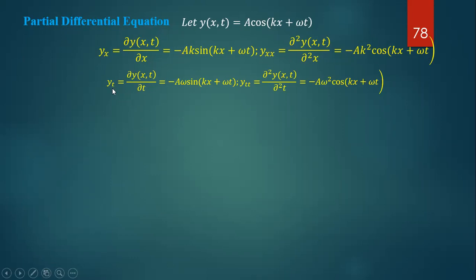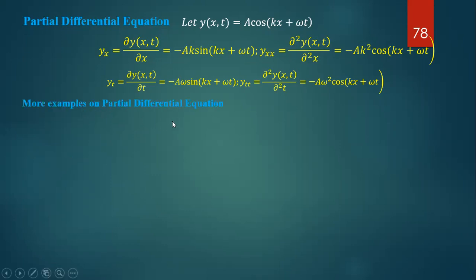Now in terms of t, dy/dt equals minus aω sin(kx + ωt), and y_tt, which is ∂²y(x,t)/∂t², equals minus aω² cos(kx + ωt). So these are representations of partial differential equations.